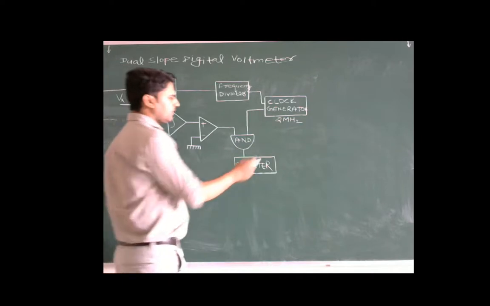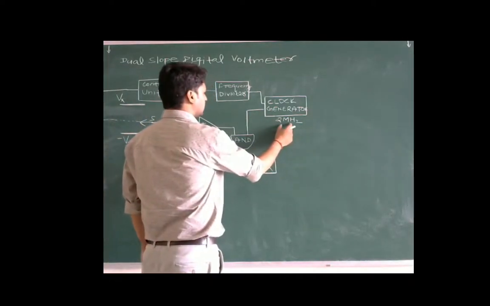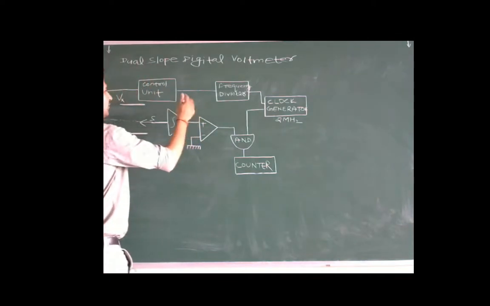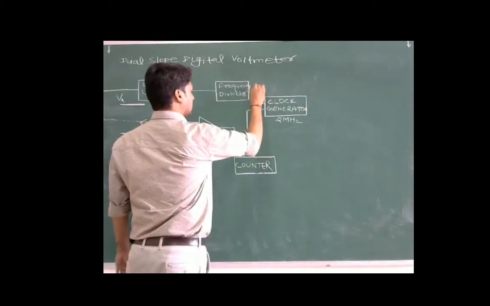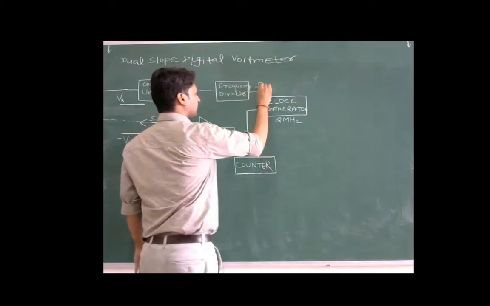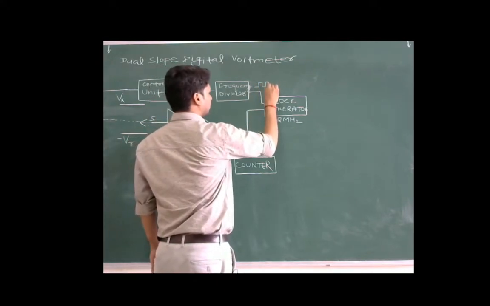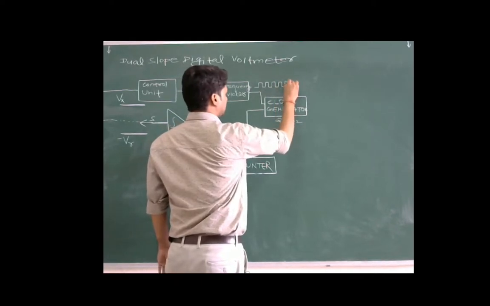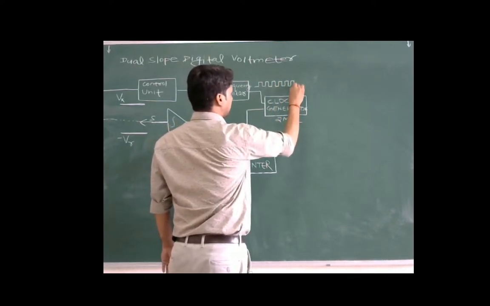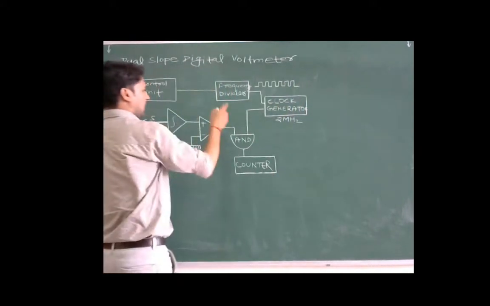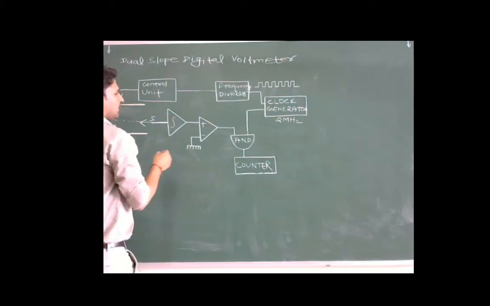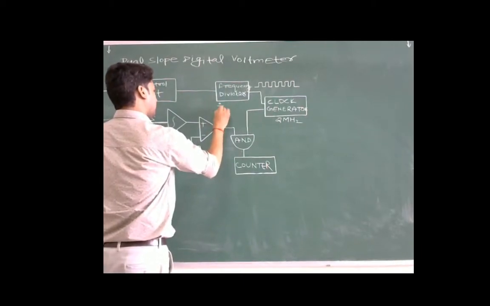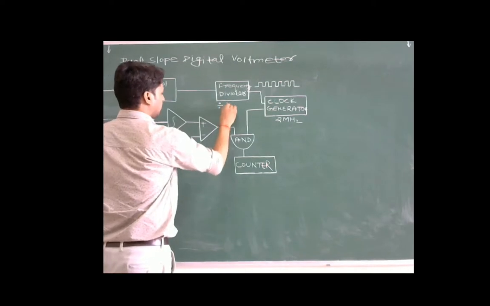So if it is 2 megahertz, then how much will be the frequency of the output signal? Suppose the clock generator is generating clocks like this, and suppose this frequency divider divides the frequency of the input signal by 1000.